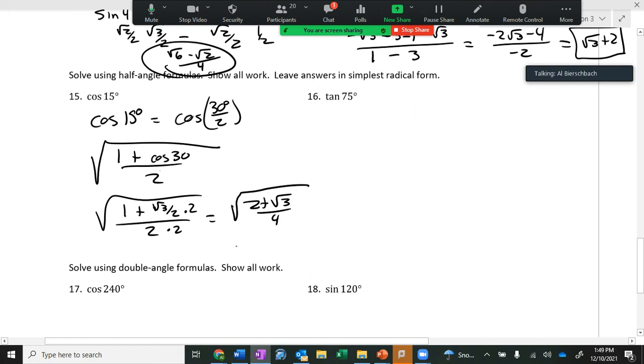If we take the square root on the bottom, we can't do anything on the top, but that's our final answer. Square root of 2 plus 3 over 2.